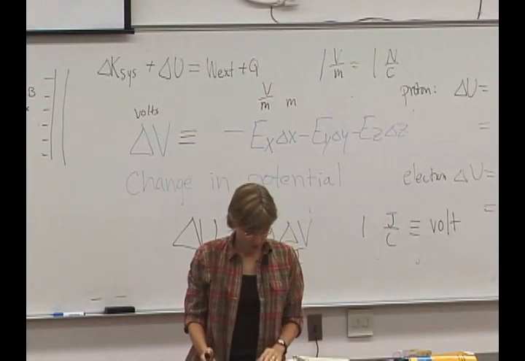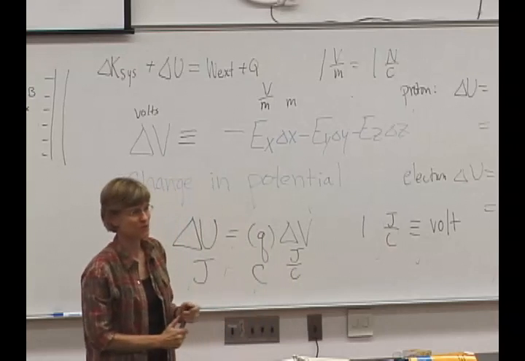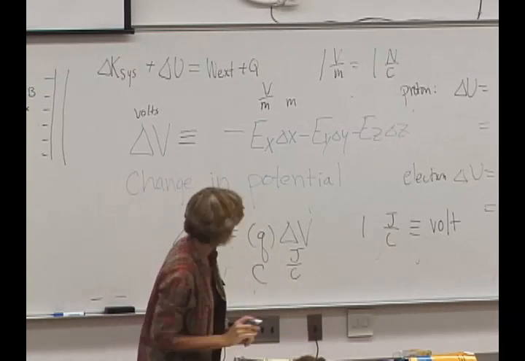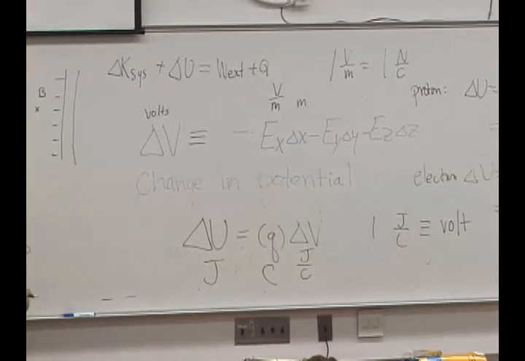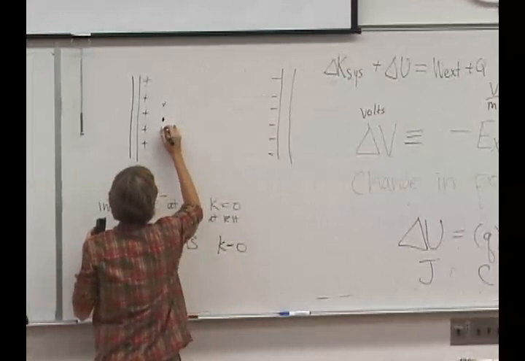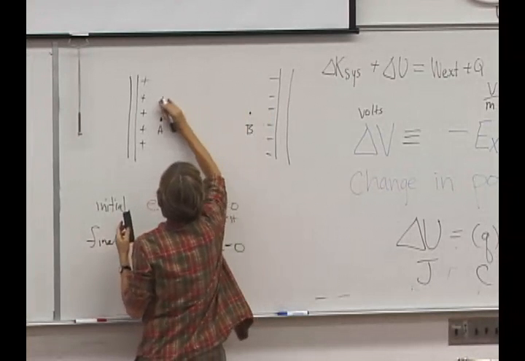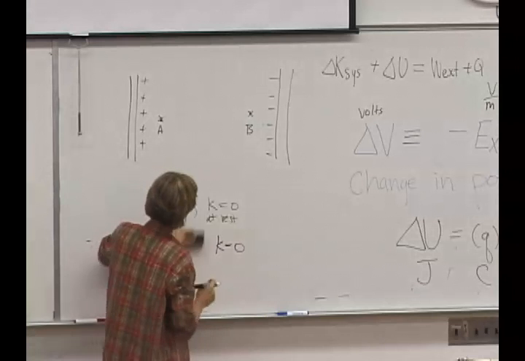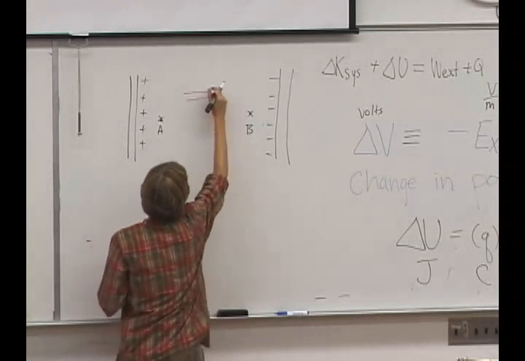Okay, you ready to do an example? Do an example with some numbers. Okay, we like this capacitor. We'll use this capacitor. Here's A, here's B. We've got an electric field in here that way.